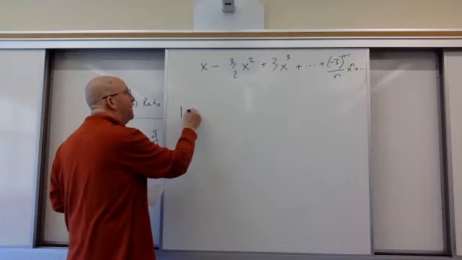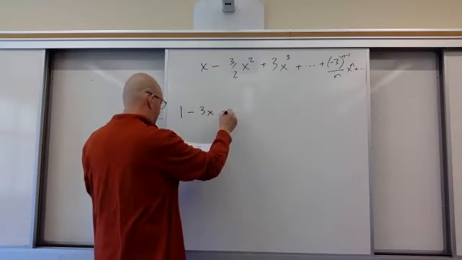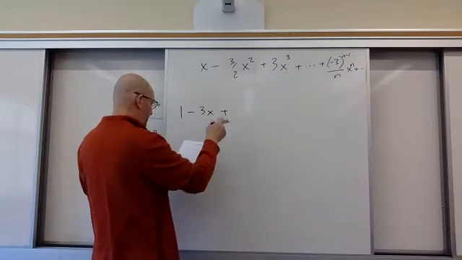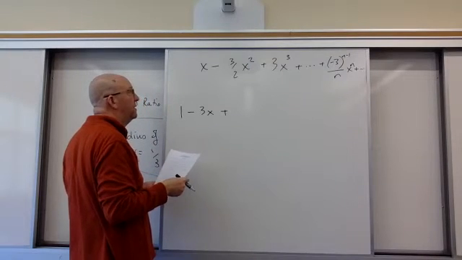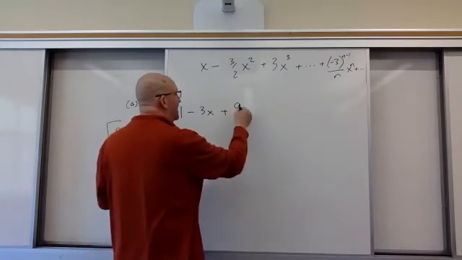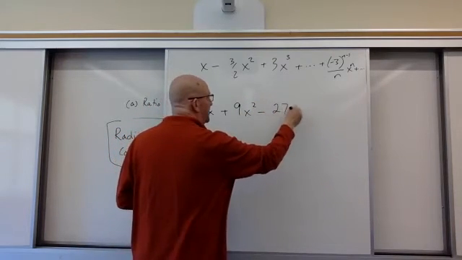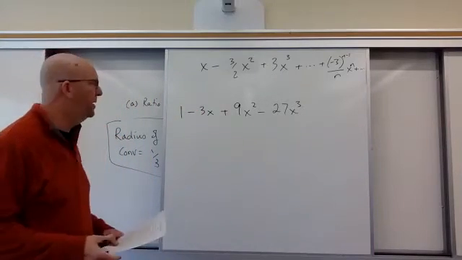1 minus 3x plus 9x squared minus, figure out what the next term is, 27x cubed plus 81x to the fourth minus 243x to the fifth.